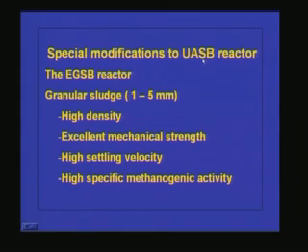Another one is the upflow anaerobic sludge blanket. It is a sludge blanket; here it is a granular sludge bed reactor. As I have already mentioned, the granular sludge diameter varies from 1 to 5 mm, and it has high density, excellent mechanical strength, high settling velocity, and high specific methanogenic activity, because the granule has different types of microorganisms staying together.